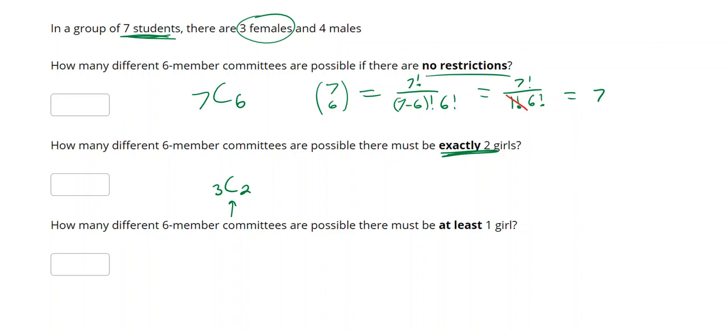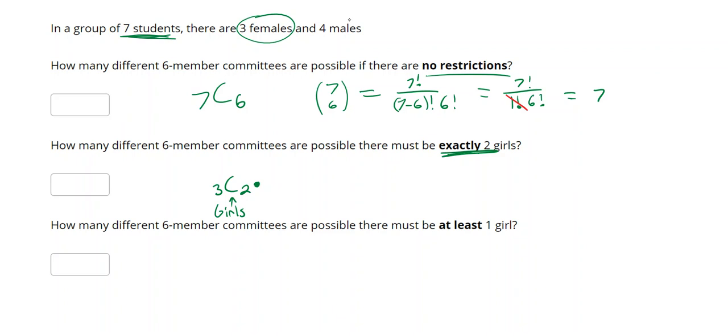But fundamental counting principle, we have to multiply that by the number of ways that we can choose. Here, so that was girls. So we have to multiply that by the number of ways that we could have the boys, right? So how many different combinations are there for the boys? And how many boys would be left?